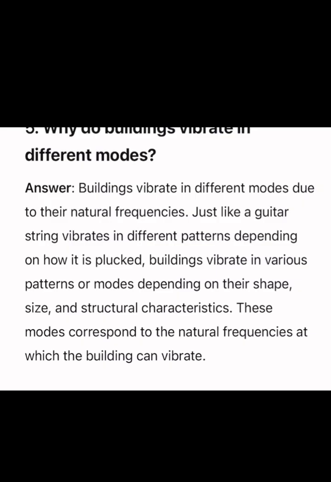The same way, the building vibrates in various patterns or modes depending on its shape, size, and structural characteristics. Based on that, it vibrates in different patterns, and these modes correspond to natural frequencies at which the building can vibrate.